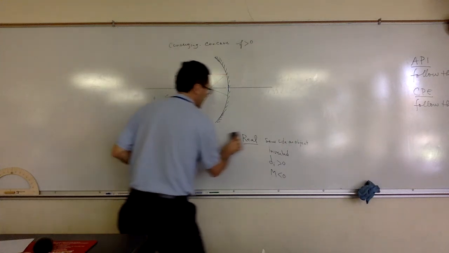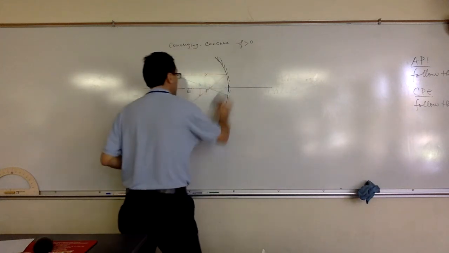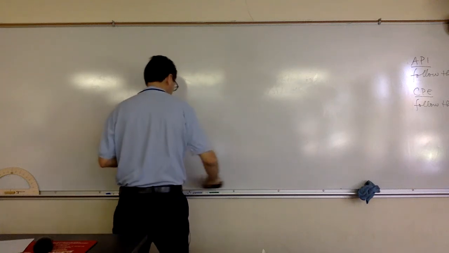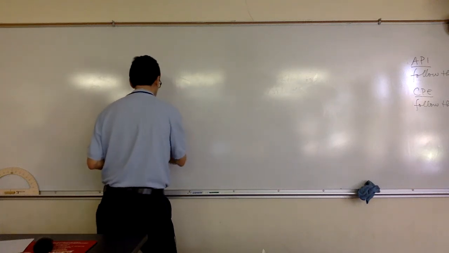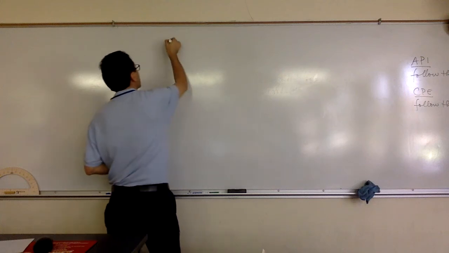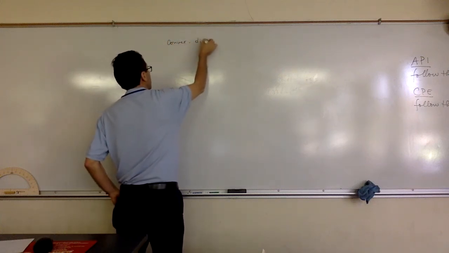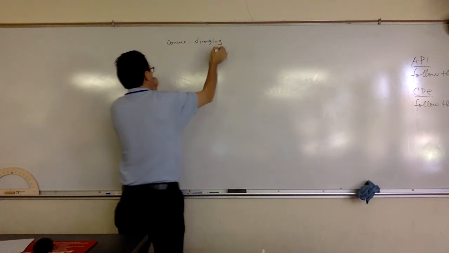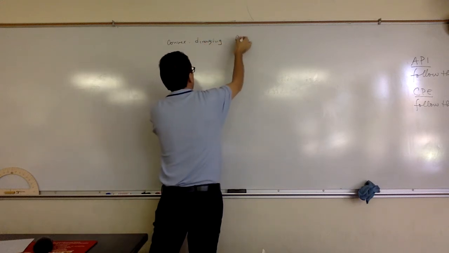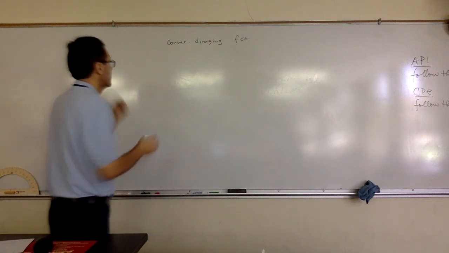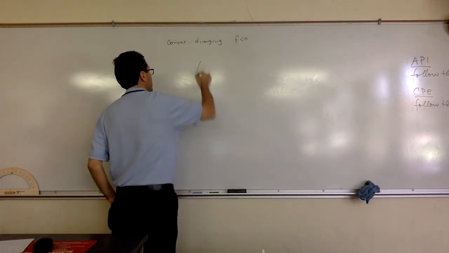All right, so I'm going to do a convex mirror here. A convex mirror is a diverging mirror. So convex, also known as divergent. It has a focal length F that's negative, and I'll show you the equation with this focal length here. So it looks something like this.